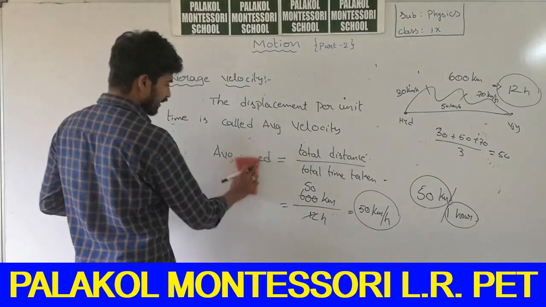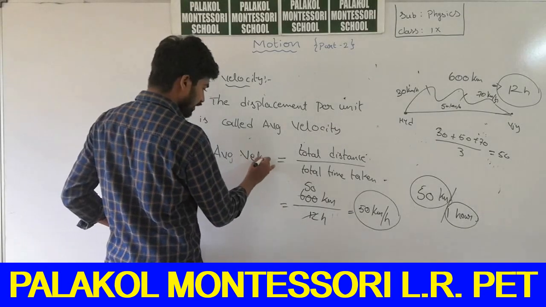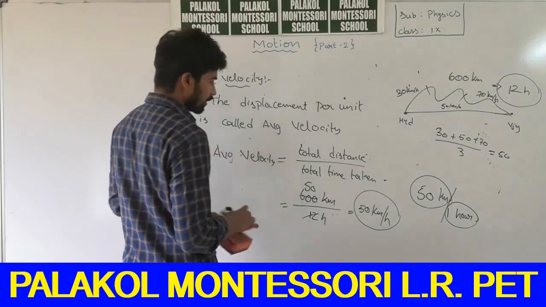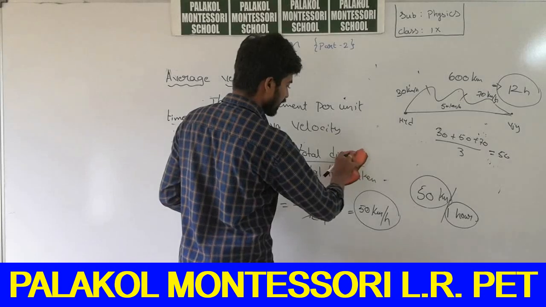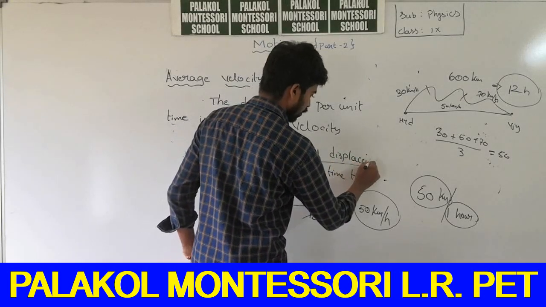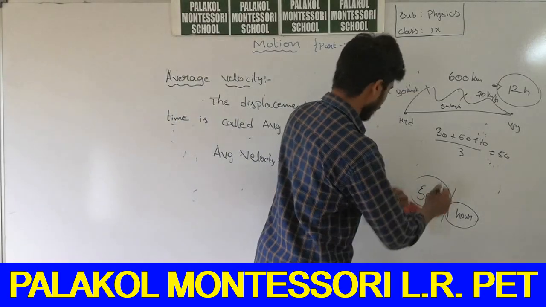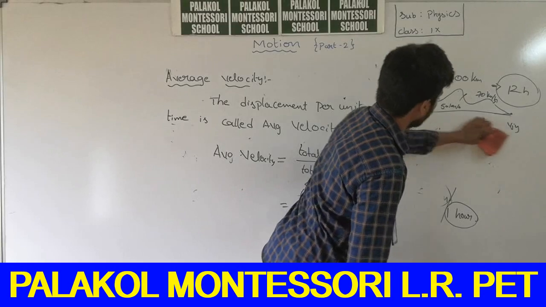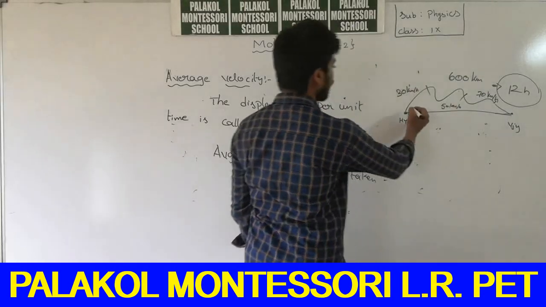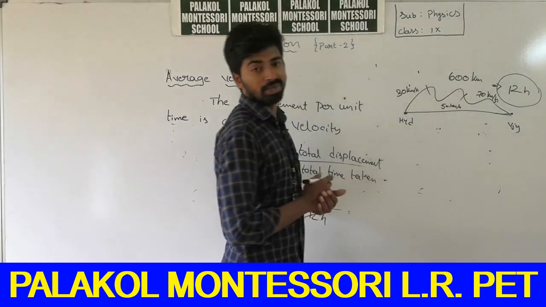So, average speed is total distance by total time taken, and average velocity is total displacement by total time taken. Let us take the same example. This is the path taken by you. What is the distance here? 600 kilometers.